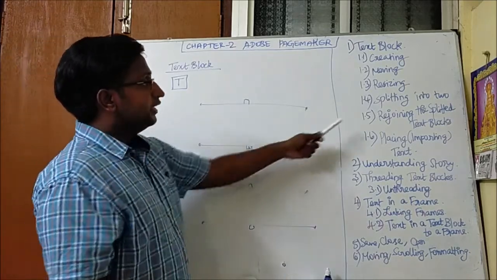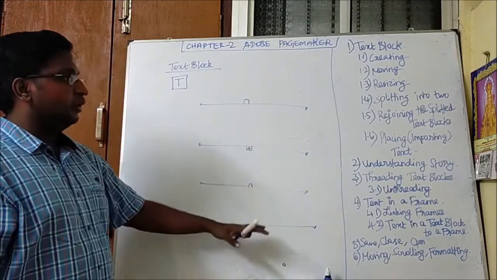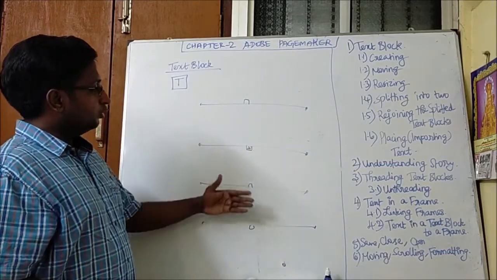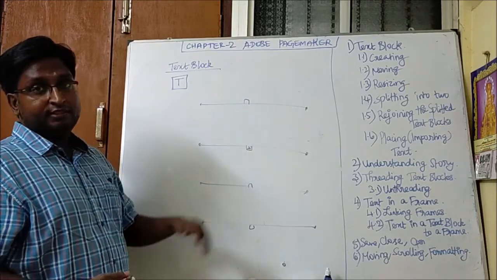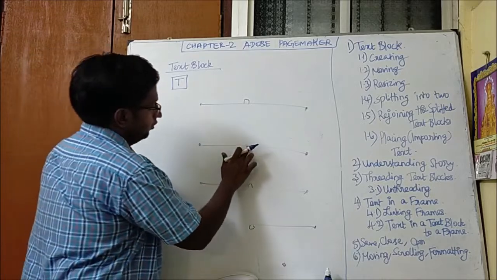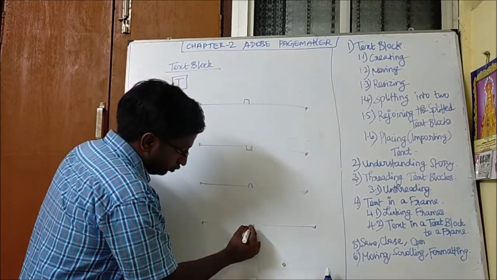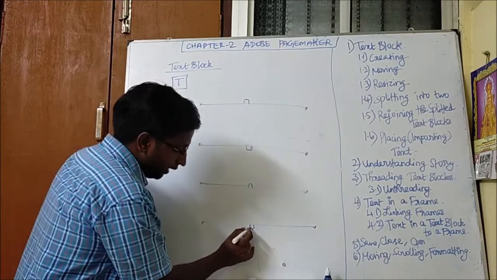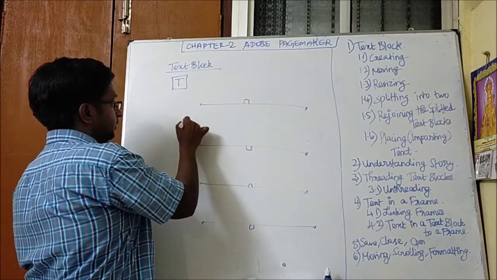So the next one is rejoining the split text block. We have split the text block, and I want to revoke the action, so I have to rejoin the split text block. First step, you have to click the bottom handle of the second text block, not the first one.